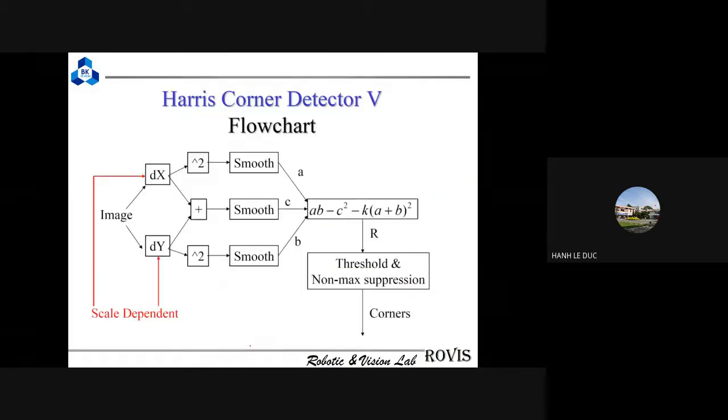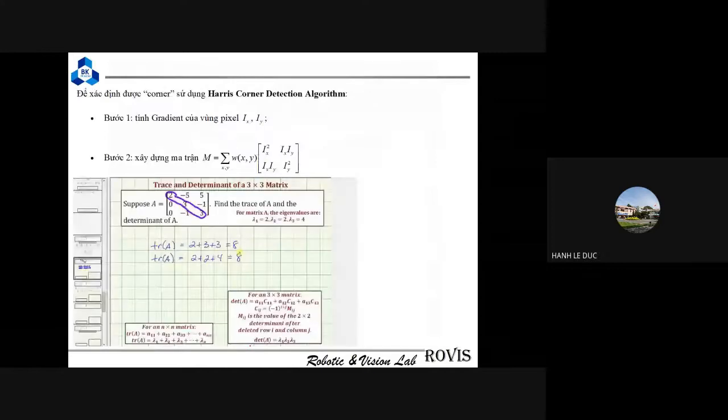By the calculations, for example, we have the matrix A, and by calculating the eigenvalues, we have lambda 1 and lambda 2 here, right? They prove that the trace of the matrix will equal the sum of the diagonal numbers.